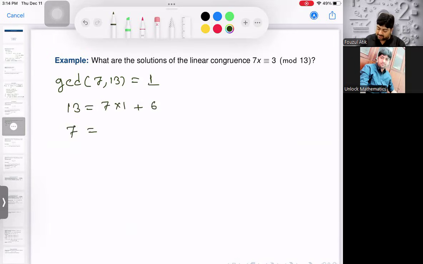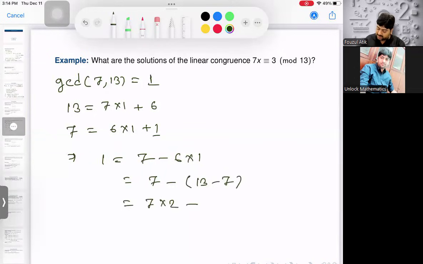And then 7 is equal to 6 into 1 plus 1. So I got this GCD 1. So from there I can get 1 is equal to 7 minus 6 into 1. Then 6 is 13 minus 7. And then I can get 7 into 2 minus 13 into 1.